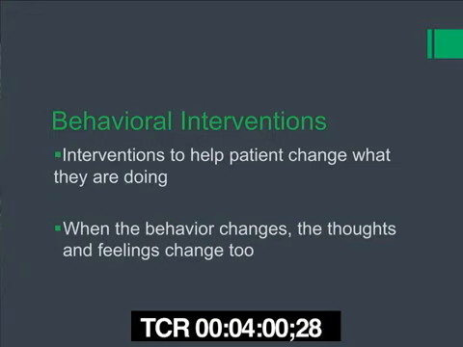So with the behavioral interventions, we're going to work on changing the behavior, and when we change the behavior, the moods will change and the thoughts will change. The behavioral interventions are basically helping patients to change what they're doing in a moment-to-moment way. And when the behavior changes, again, the thoughts and the feelings will change.